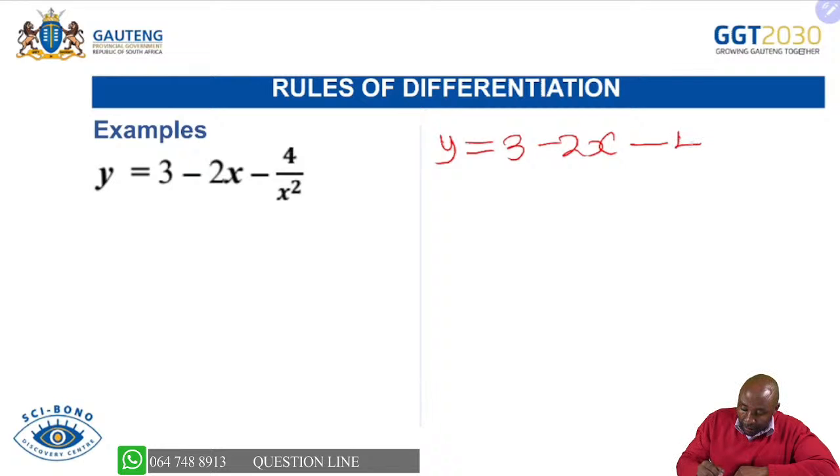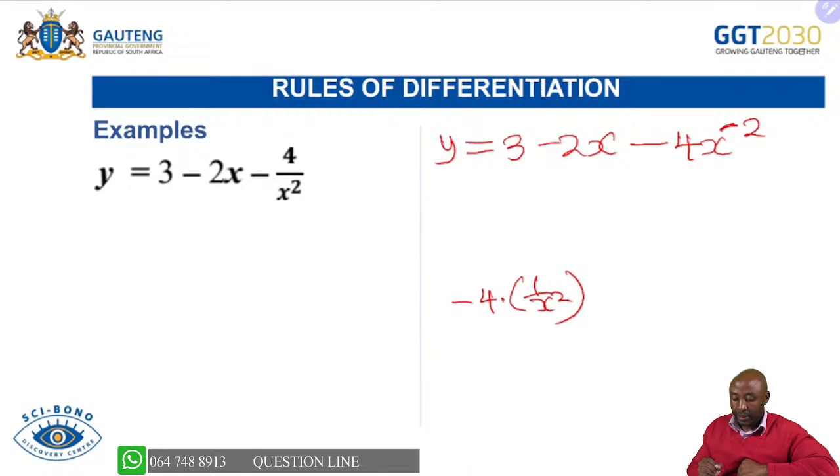Our coefficient becomes 4, and that becomes negative x to the power negative 2. Now, remember, I can write this as negative 4 times 1 over x squared, so that you are able to see that 4 is not always pinned to this x squared. As a fraction, I can write it as negative 4 over 1 multiplied by 1 over x squared.